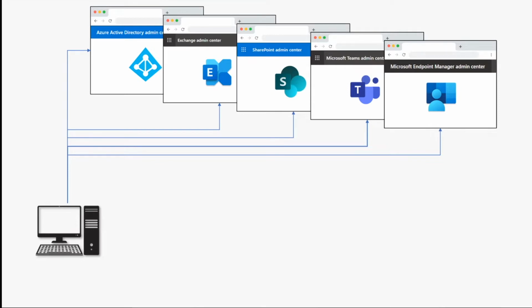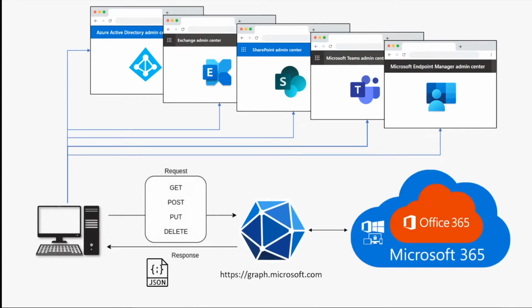But the problem comes whenever there is a task that overlaps from one portal to another, where I have to switch portals to get the job done. It becomes very inefficient, especially if that is a bulk job. That is where Microsoft Graph comes in.